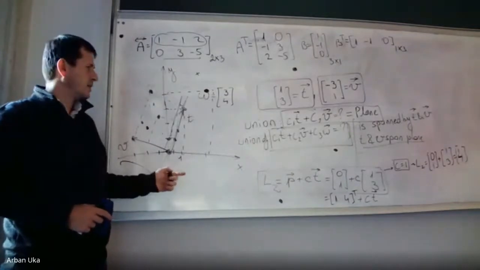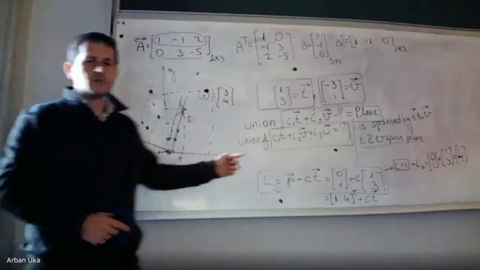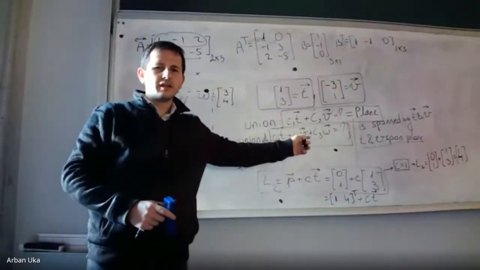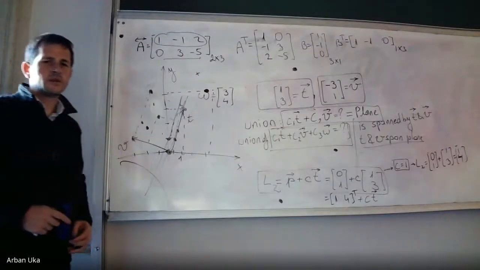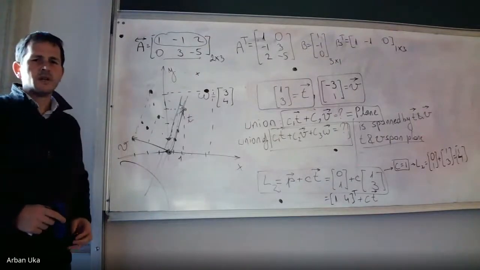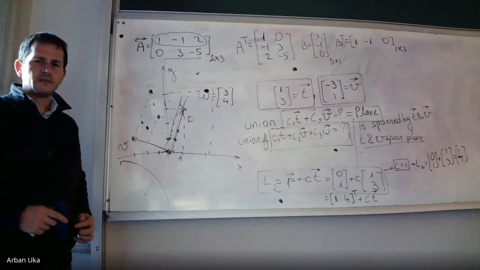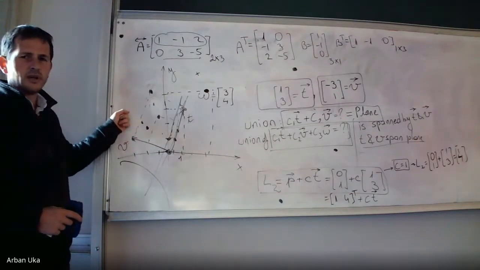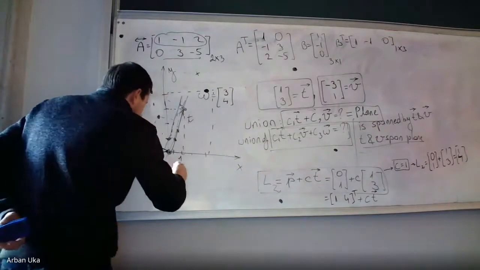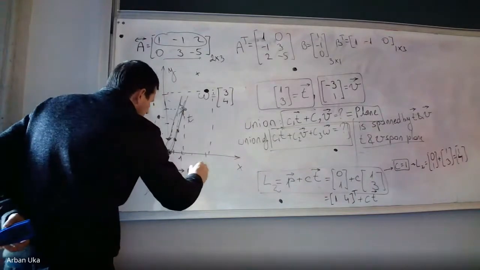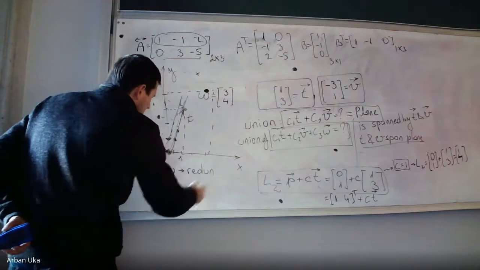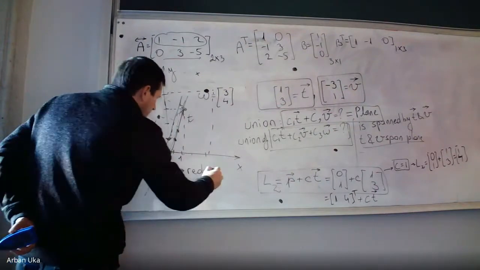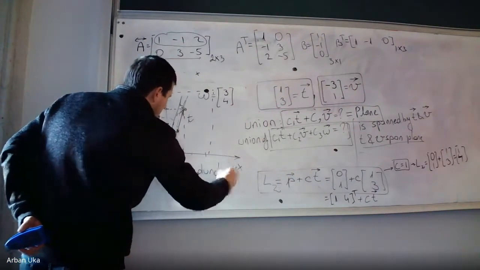Now, did the W add anything new? No, for the board, no. That's correct. So the third vector, since this one itself is on the board, we can call this one W redundant or useless.